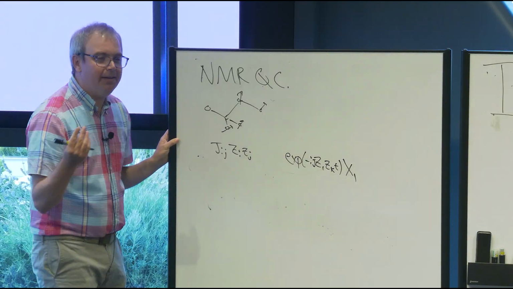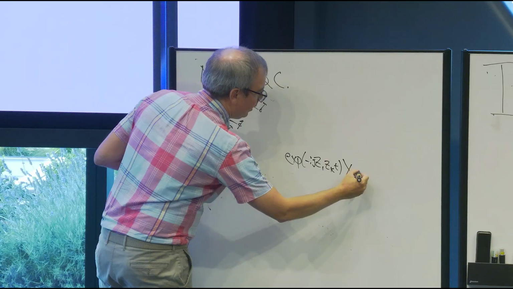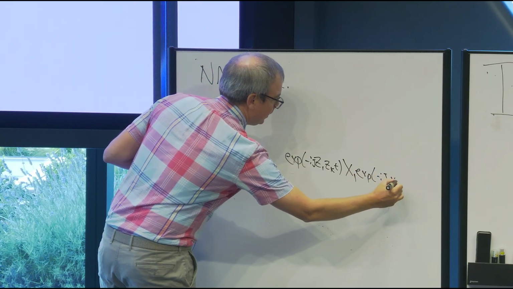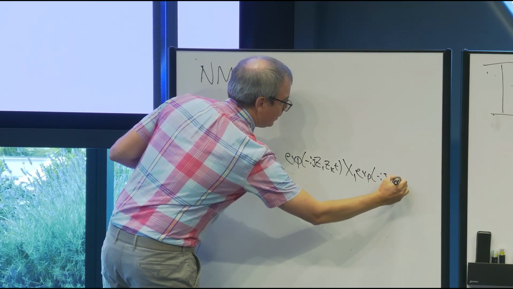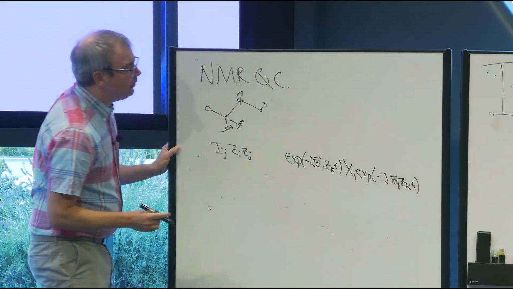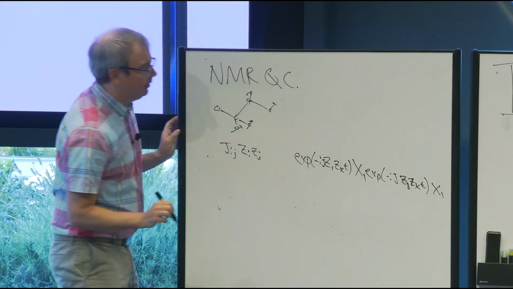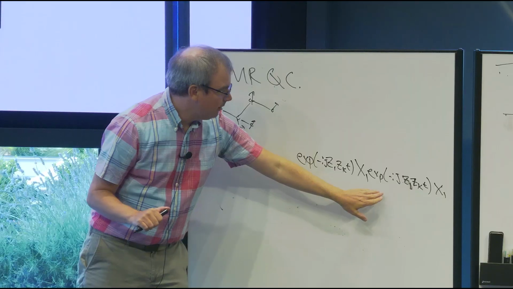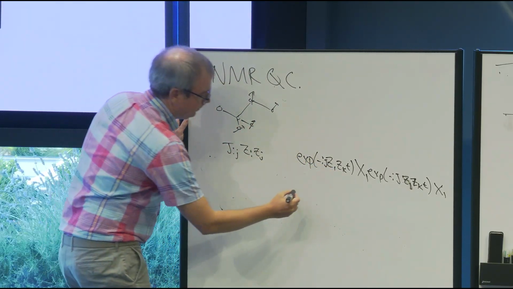I know when Ani gave his talk earlier, he talked about anti-commutation, but you can turn it off by applying these X gates. So if I apply an X gate on both sides, it changes the sign of this middle one.